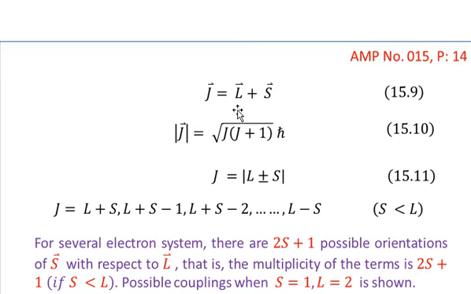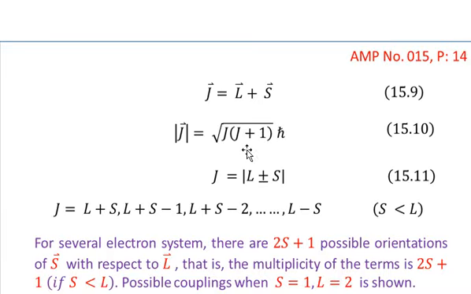So this J, the total angular momentum, is written in vectorial form; all the quantities written in vectorial form are angular momenta. The total angular momentum J of the atom is equal to the vectorial sum of the orbital angular momentum and the spin angular momentum, and its magnitude is given in equation 10: the magnitude of J is the square root of J into J plus 1, times h bar.